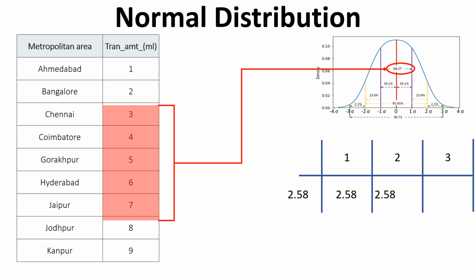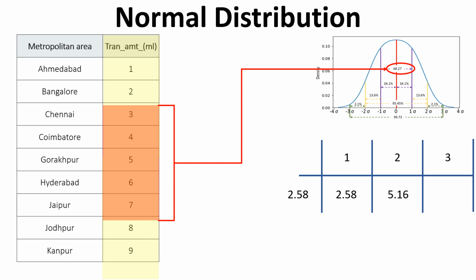Moving forward, this is your standard deviation multiplied by 2, meaning 2 standard deviations, which is 5.16. Now if you add 5.16 to your mean, it will come to somewhere around 10.16, and the data set will go beyond this limit, because we have the data points till 9 only. So this is going beyond our available data. Similarly, if you subtract that from the mean, this is also going beyond the data.